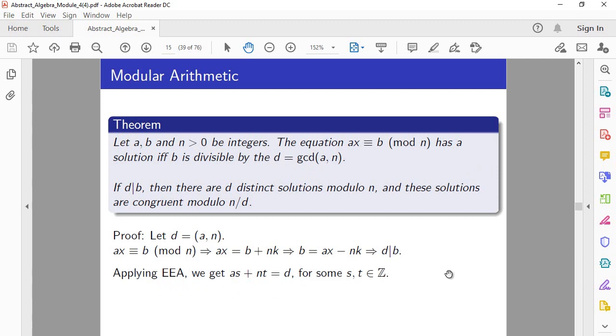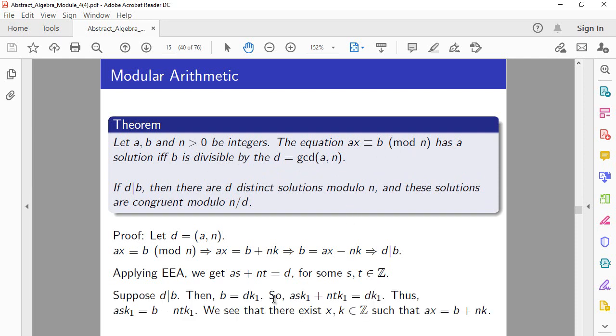Now let's assume that the GCD d of a and n divides b. So if d divides b, then b is equal to a multiple of d. So b would be dk1 for some integer k1.